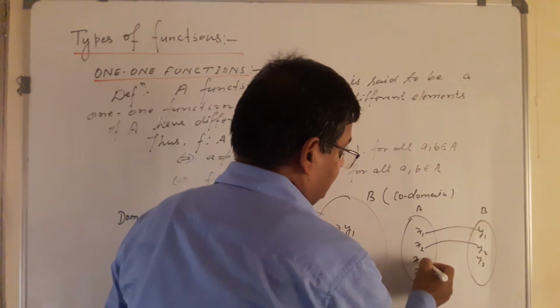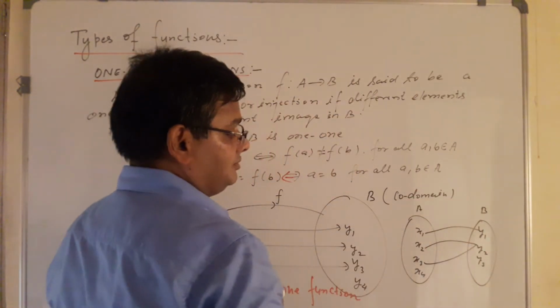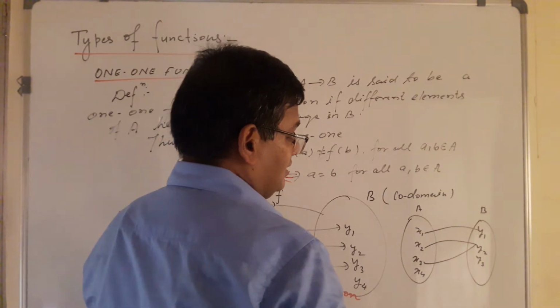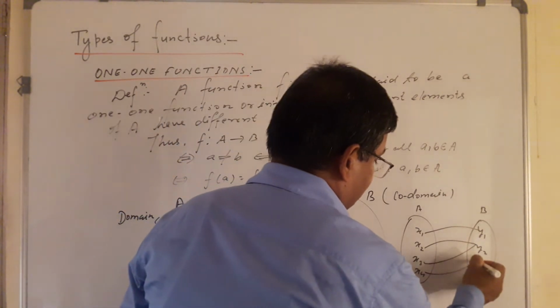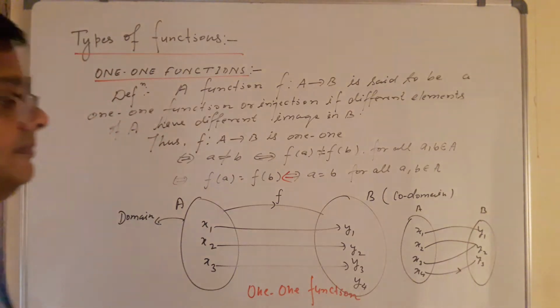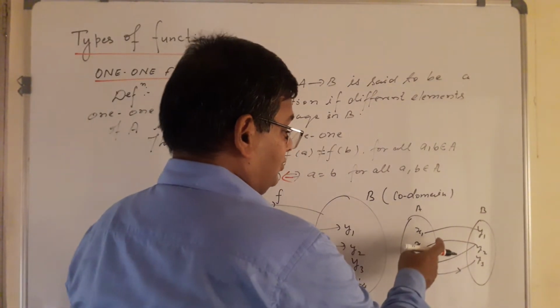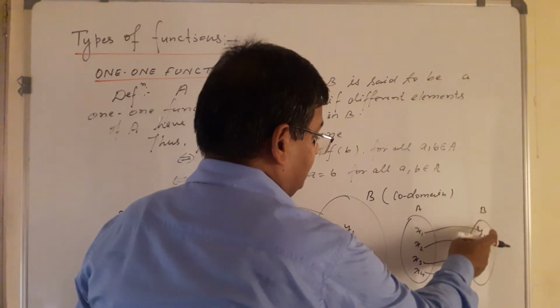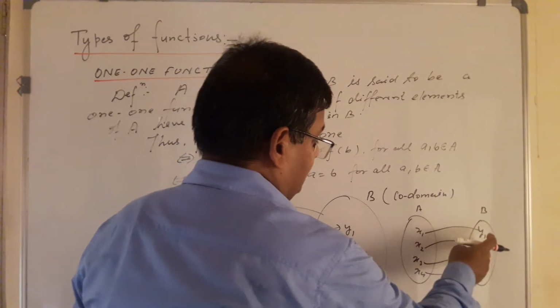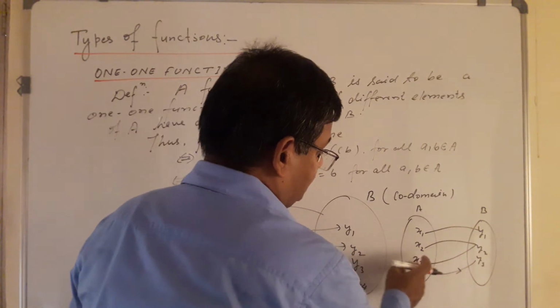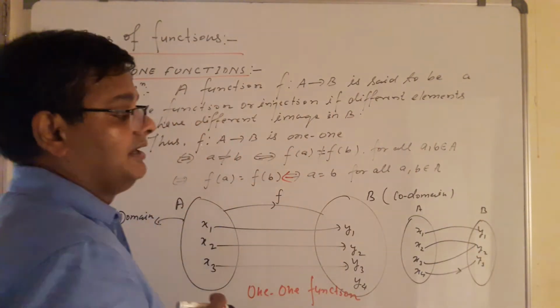Here x1 image is y1, x2 image is y2, x3 image is also y2, and x4 image is y3.